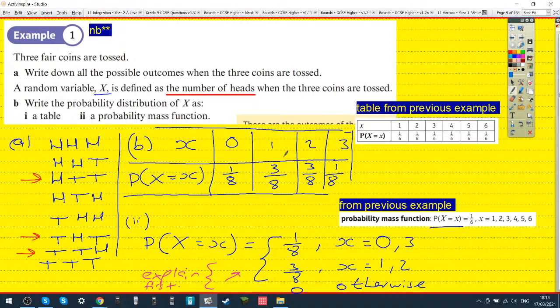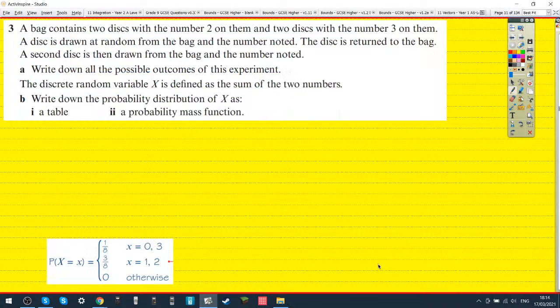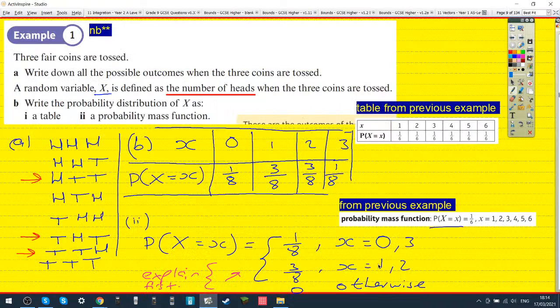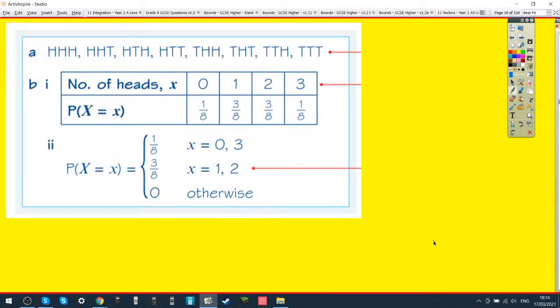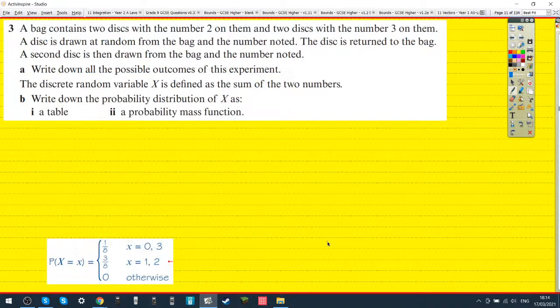You simplify it down to a table, and then summarize it even further to a mass function. Just a question: the 0 at the bottom, where does that come from? The probability of something other than 0, 1, 2 or 3. 0 is like otherwise. Do you have to include the 0 always? Yeah.